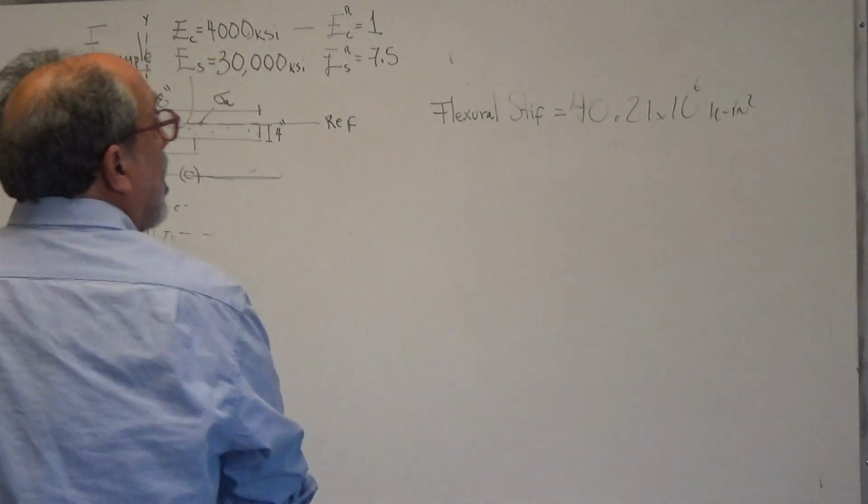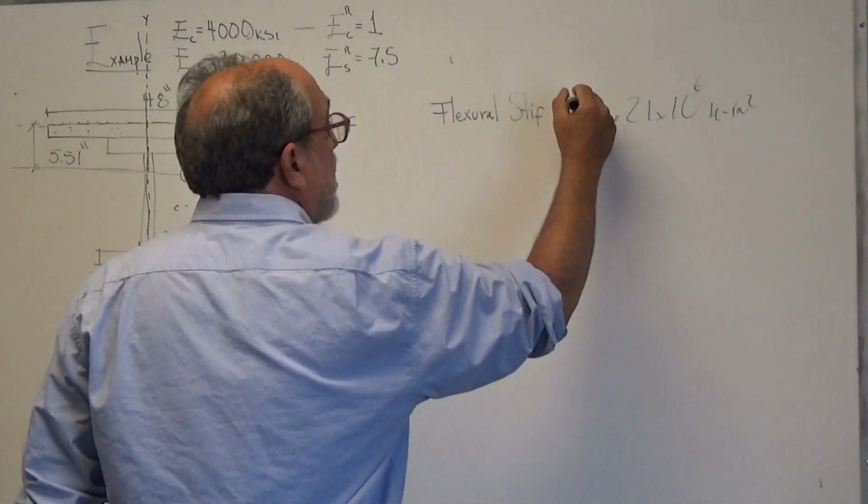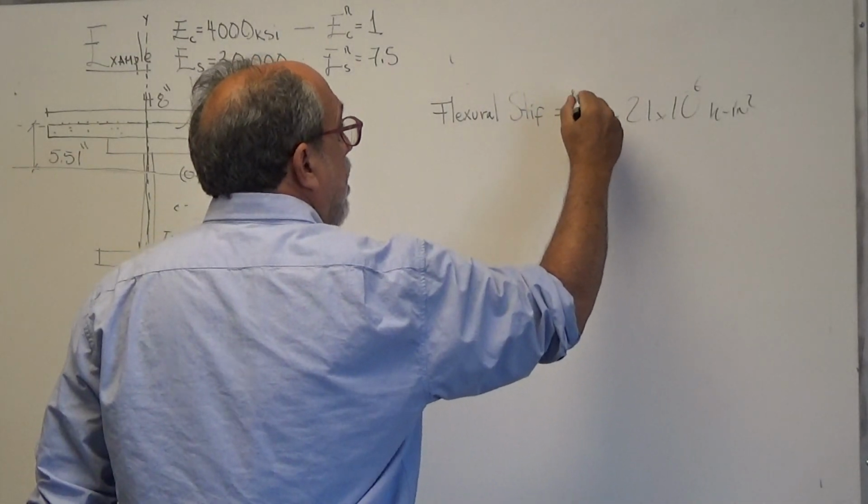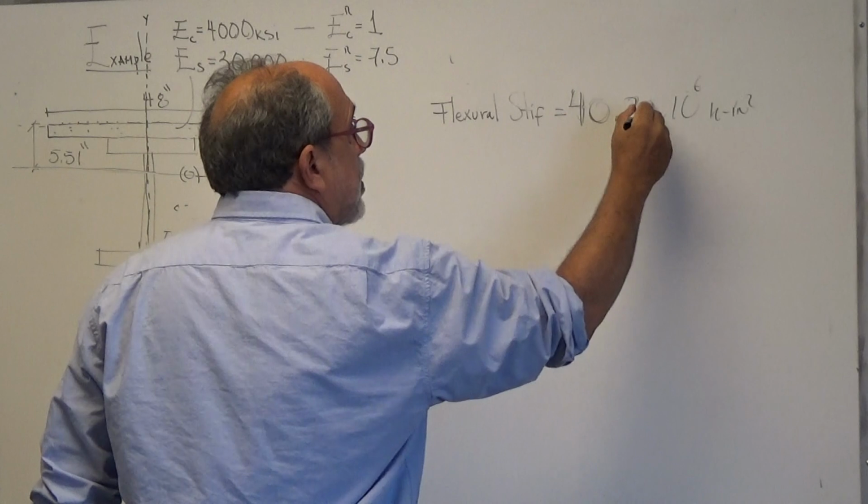So that's the flexural stiffness, 40.21 times 10 to the 6.